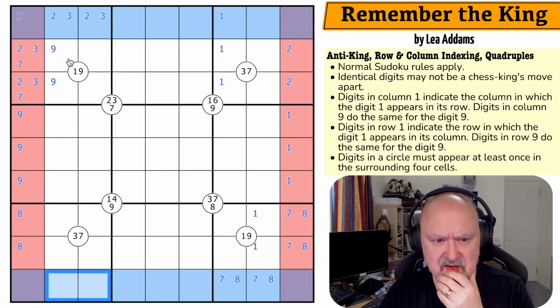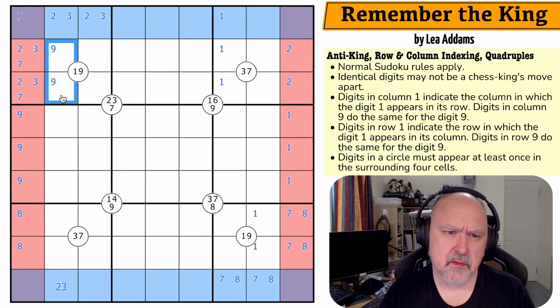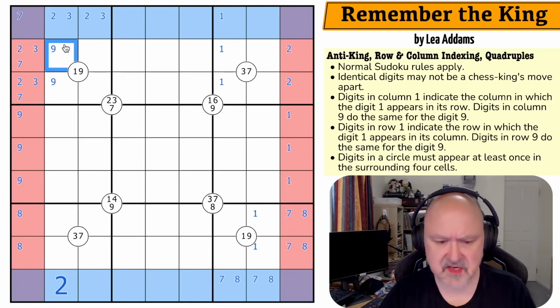This is indexing 9, which has to be in one of those two. So that digit has to be a 2 or a 3. That digit has to be, and it can't be a 3. That's a 2. So that's a 9.